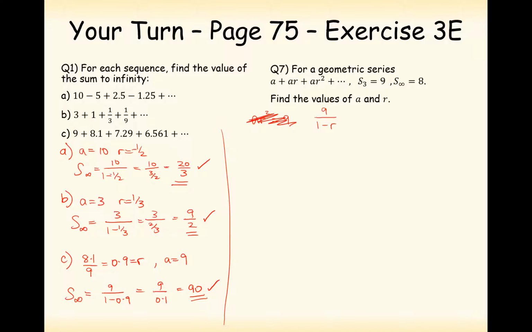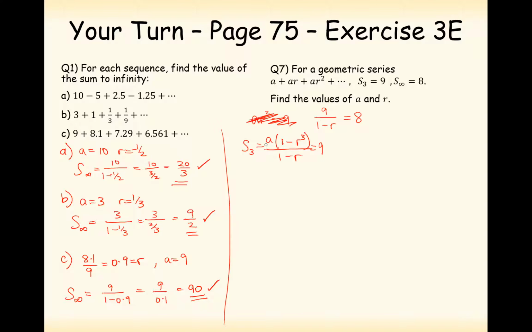We need to use the proper formula on the sum here, so s3 is equal to a times 1 minus r cubed over 1 minus r is equal to 9. And in this case here, a over 1 minus r is equal to 8. It's interesting here to see that s3 is bigger than s infinity. It looks like here we could possibly have a situation where we've got a negative common ratio here, or a negative starting term.